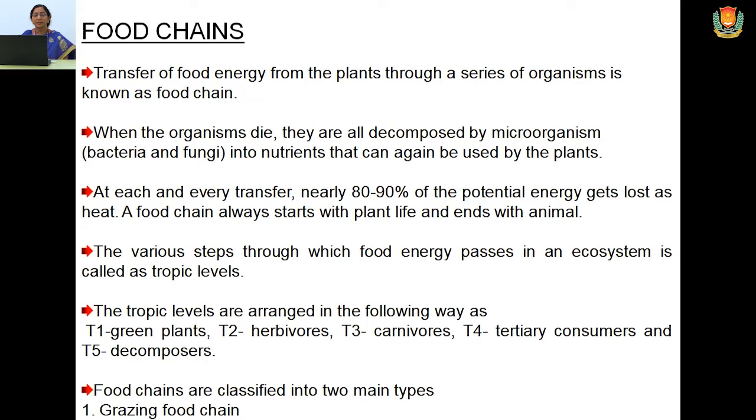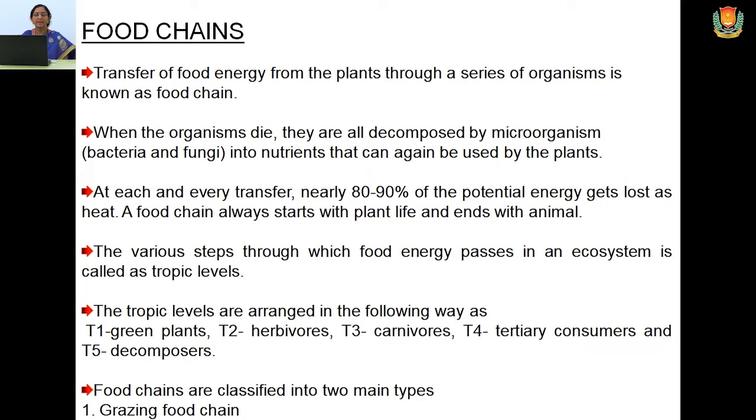T3 is the third trophic level, which includes carnivores or secondary consumers. Then we have the fourth trophic level, T4, which includes tertiary consumers, and finally T5, the decomposers. These are the various trophic levels where energy flows from one trophic level to another.